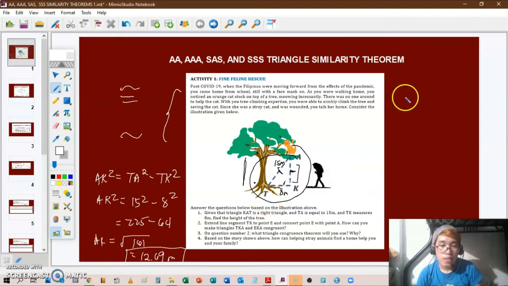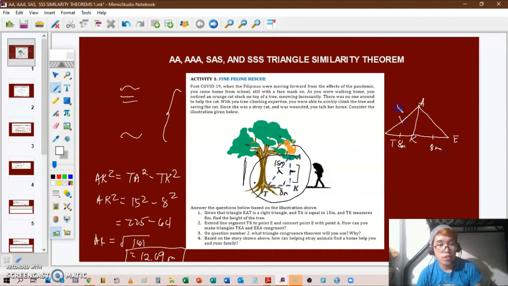If we extend the segment TK to point E, we will have formed two congruent triangles. So this becomes TAK, and then we have your point E. For number 3, still for number 2, how can we make the two triangles congruent? If TK measures 8 meters, then KE must measure 8 meters as well.